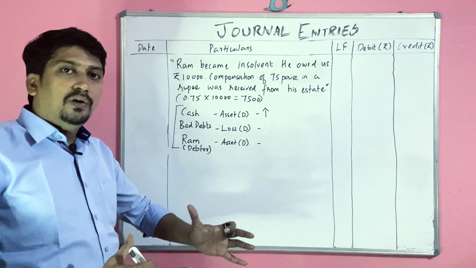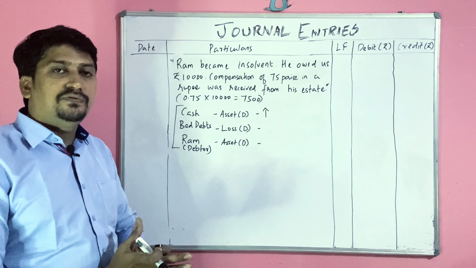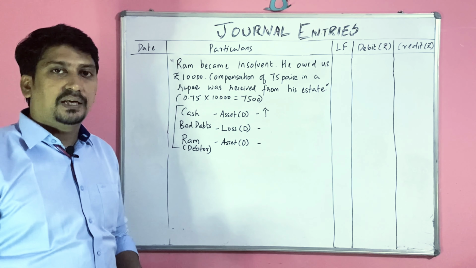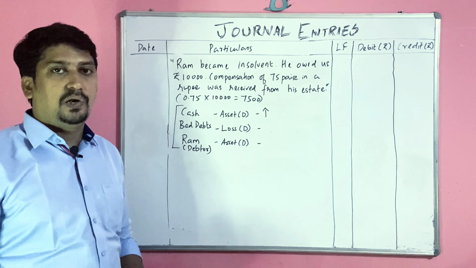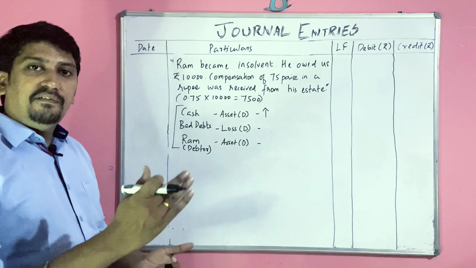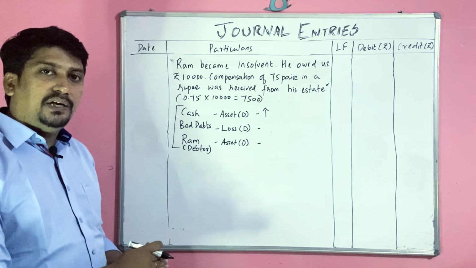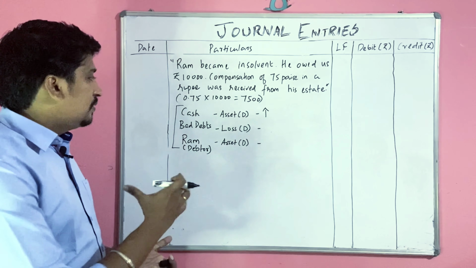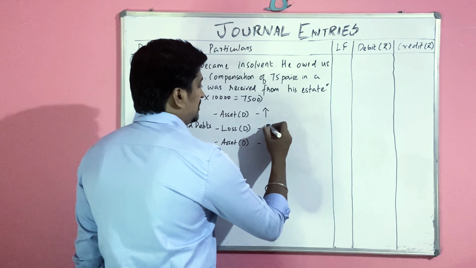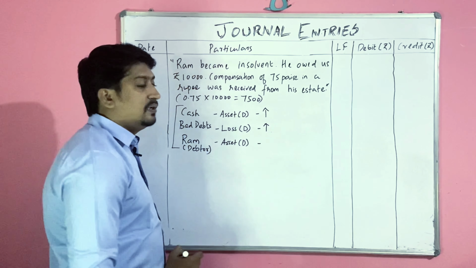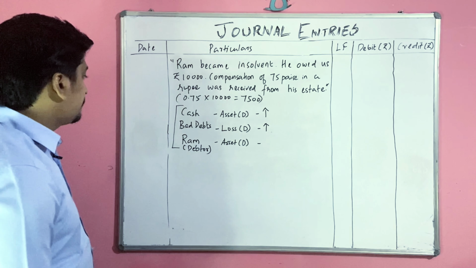So at the end, total expenses and losses we have to deduct from the total revenues and gains in order to calculate the profit or loss. So this loss will be added to the already recorded losses, so that total loss will increase. So expenses and losses, whenever you record them, always increase.